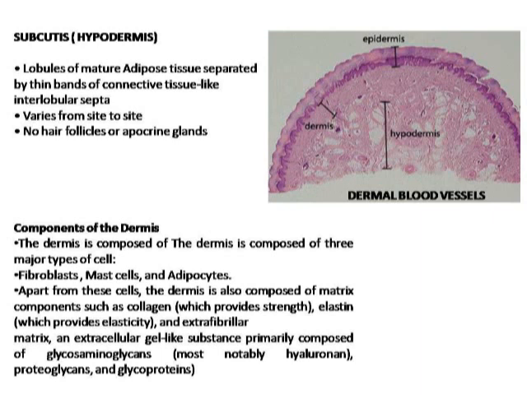The hypodermis consists of well vascularized, loose areolar connective tissue and adipose tissue, which functions as a mode of fat storage and provides insulation and cushioning for the integument.